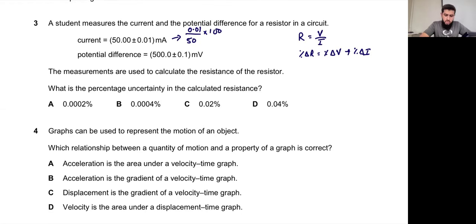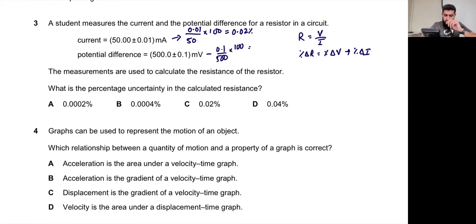ठीक है, ये 0.01 has the power 10 to the power minus 3 is multiplied to 10 to the power minus 3. वो मिली है, 50 भी मिली है, तो वो cancel out हो जाएंगे. We don't have to include it into 100. So this is 0.02%. 0.1 upon 500 into 100.